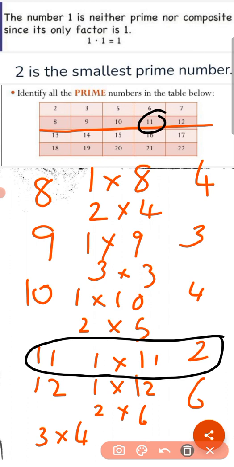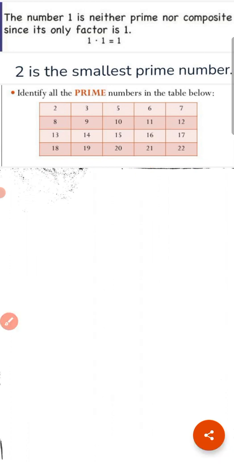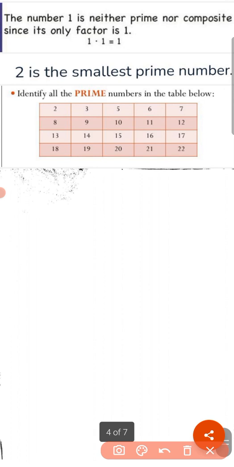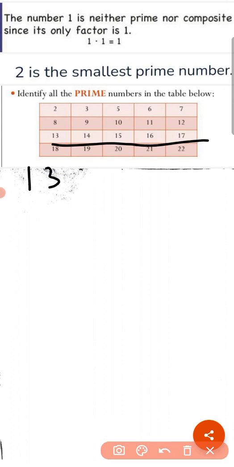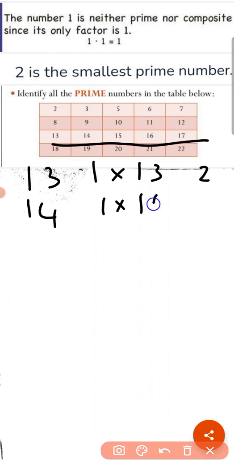Okay. Now let us check the third row. The numbers given are 13. 1 into 13. 2 factors. Then 14. 1 into 14 and 2 into 7. 4 factors.